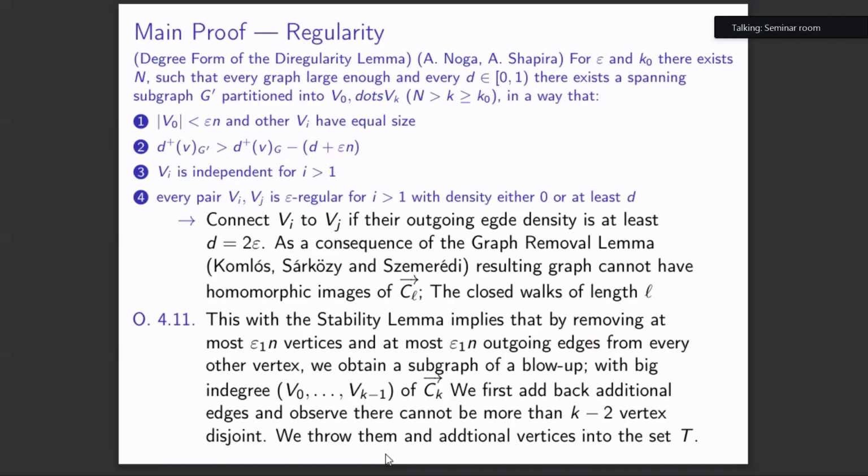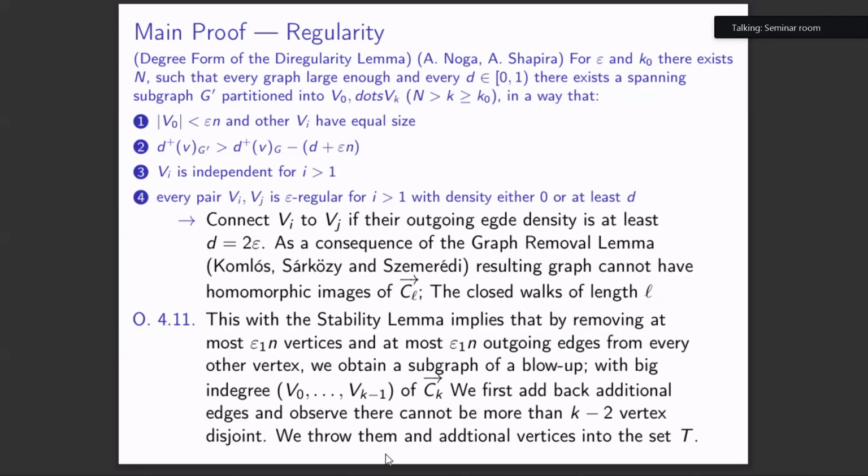We find out that we have a large blow-up of CK, and what we need to do now is add back the edges and vertices. The degree version of the stability lemma says that basically we have to remove from the graph epsilon n vertices and epsilon n squared edges, lower order of magnitude, meaning o of n and o of n squared respectively, to remove all the homomorphic images of the forbidden graph.